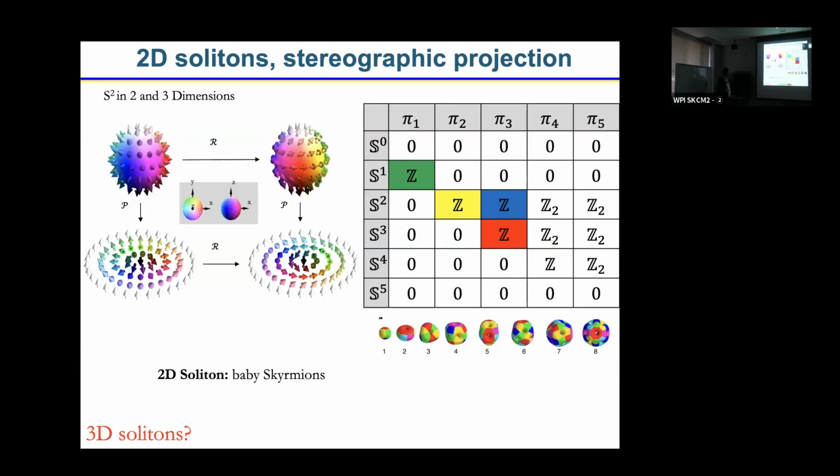So the elements of the third homotopy group of S3 spheres are the grown-up skyrmions, or the original skyrmions that were introduced in the Skyrme model in particle physics, where the S3 order parameter space actually corresponds to SU(2), and the pi3 corresponds to three-dimensional physical space, which can be compactified on hypersphere S3.